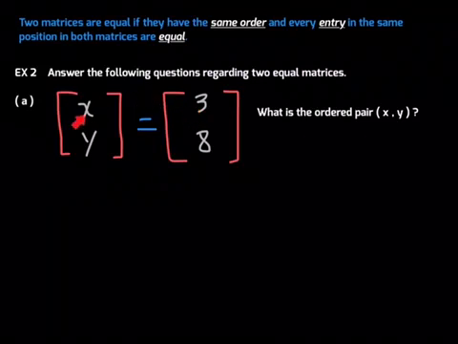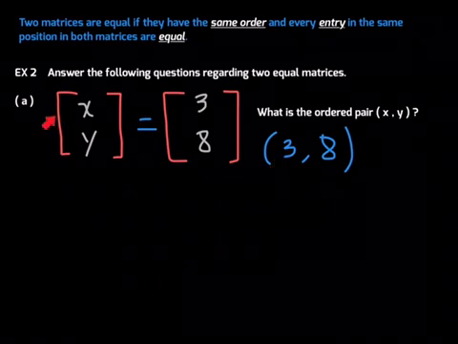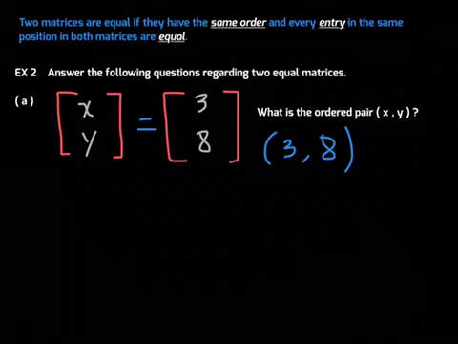So in other words, x is going to have to be equal to 3. This second row, first column entry must be the same as the second row, first column entry of the other matrix, so y has to be 8. So x has to be 3, y has to be 8. So here's our answer. The ordered pair x comma y is 3 comma 8. That's what x and y would have to be in order for these two matrices to be equal. I hope that was straightforward for you. Let's look at another.